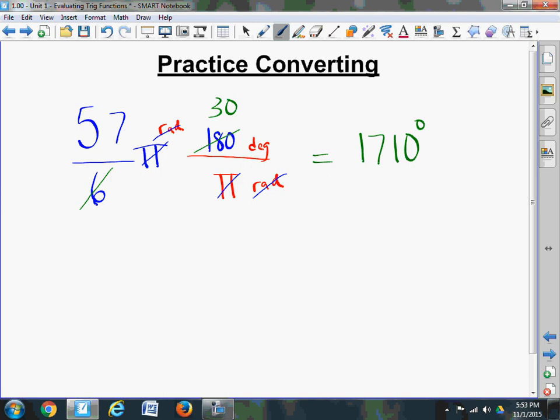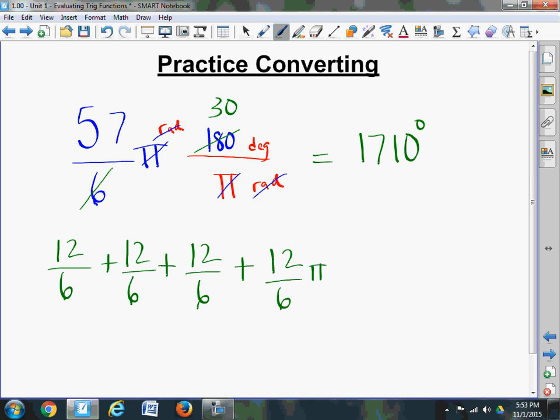We could also say, oh, so I sometimes see students doing this where, well, every 2 pi is 360 degrees, so it's kind of like 12 over 6 plus 12 over 6 plus 12 over 6 plus 12 over 6. All right, we could break this thing apart, and then plus 9 over 6 pi.